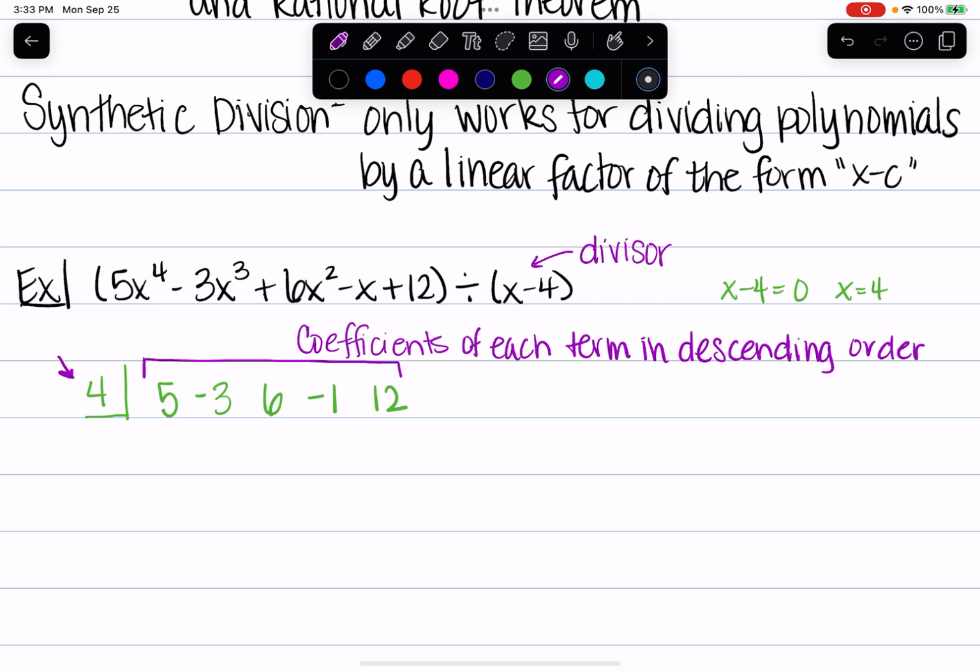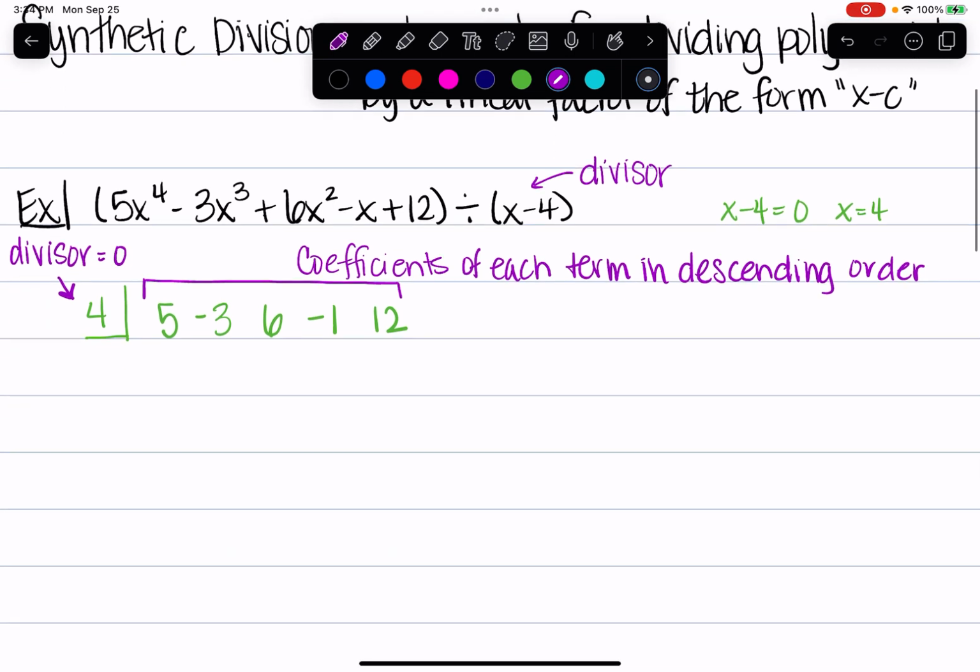And this is the divisor equal to 0. And then underneath those coefficients, we draw a line.